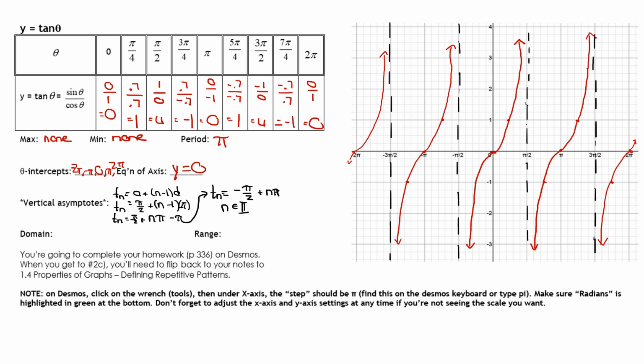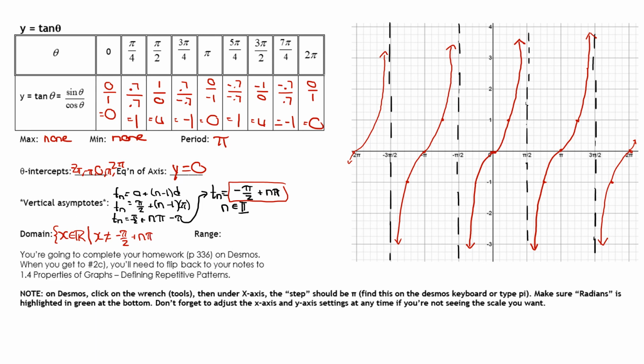The domain, we talked about this already. The domain is x, or theta, I'll use x this time. X is an element of real numbers such that we can't have any of those vertical asymptotes, so x cannot equal negative pi over 2 plus n pi.